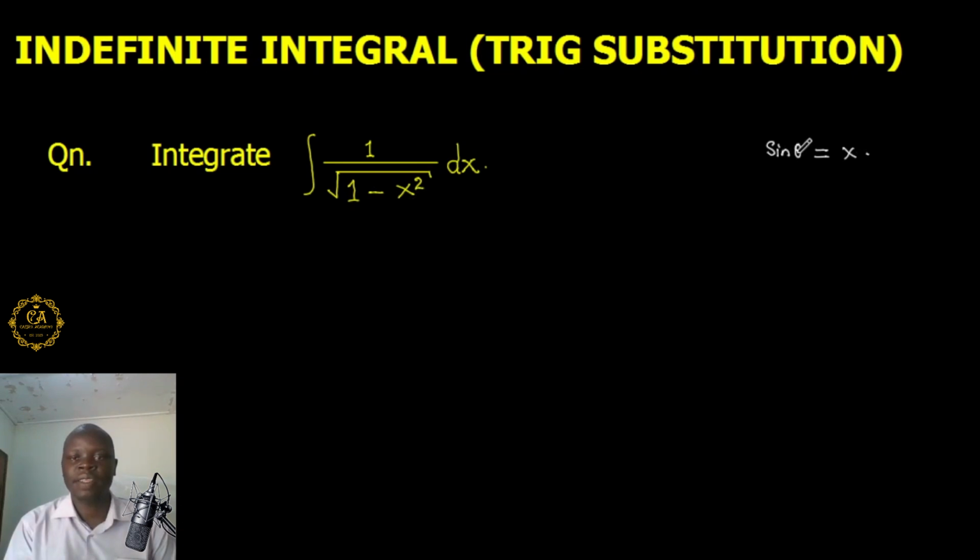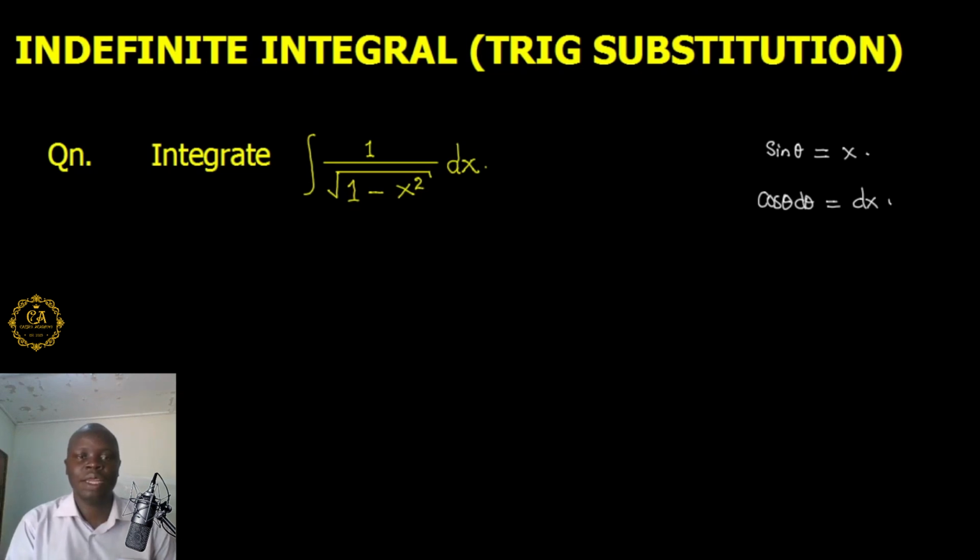So from the left hand side with respect to theta and the right hand side with respect to x. Here the derivative of sine theta is cosine theta. So the first one here is cos theta d theta, equals this is dx. Now after this we can make the substitution into our work here.